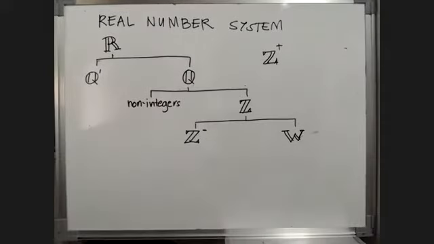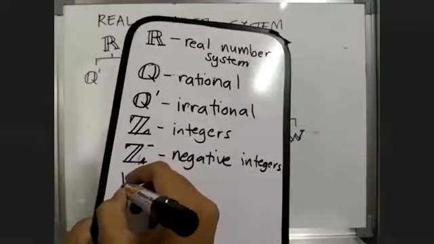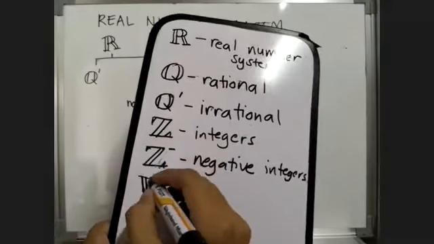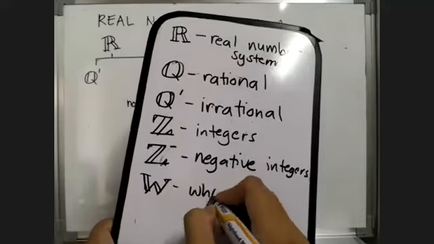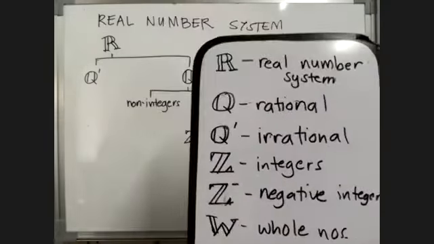So, si W naman, siya si whole numbers. Napag-aralan natin last time sa set theory na si whole numbers, siya yung numbers from 0 to positive infinity.